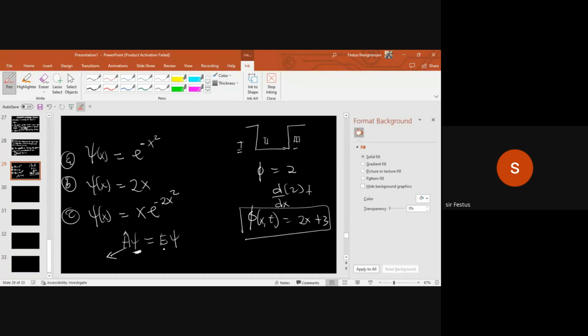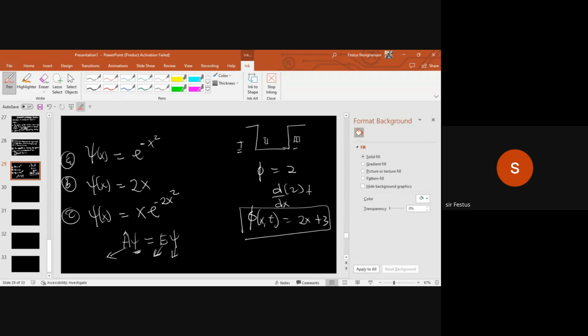Then this is an eigenvalue. Now, the question is saying that among these three, are they all eigenfunctions, or which one is an eigenfunction and which one is not?